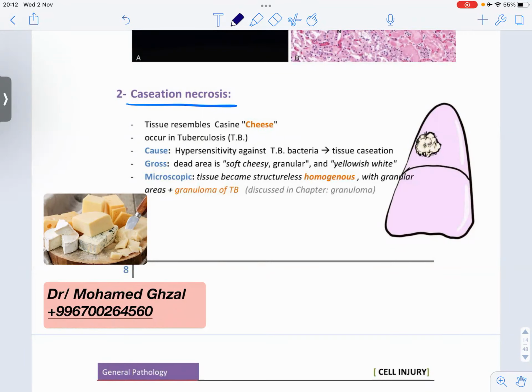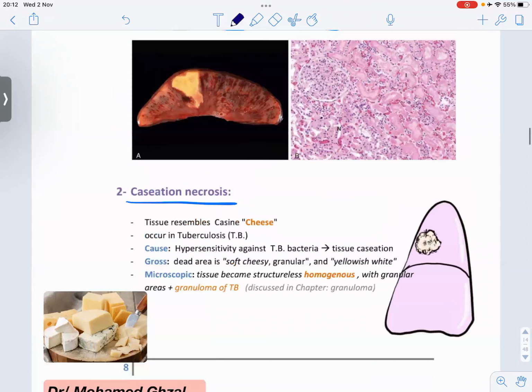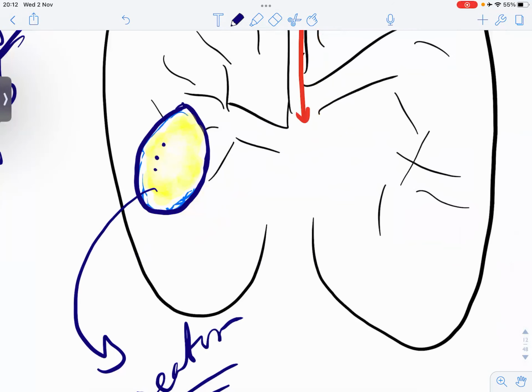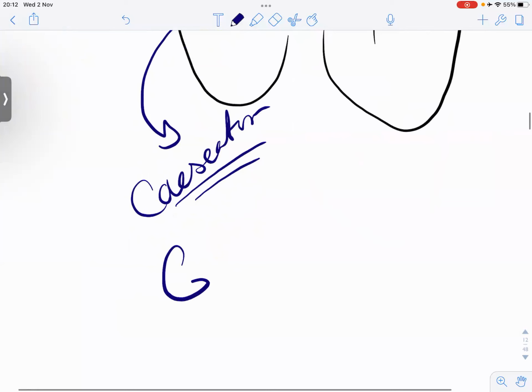And of course, this part will be granular. What does granular mean? When these cells are destroyed, some metabolites, some remnants of the cells will be deposited in this part, and this part we call granuloma.